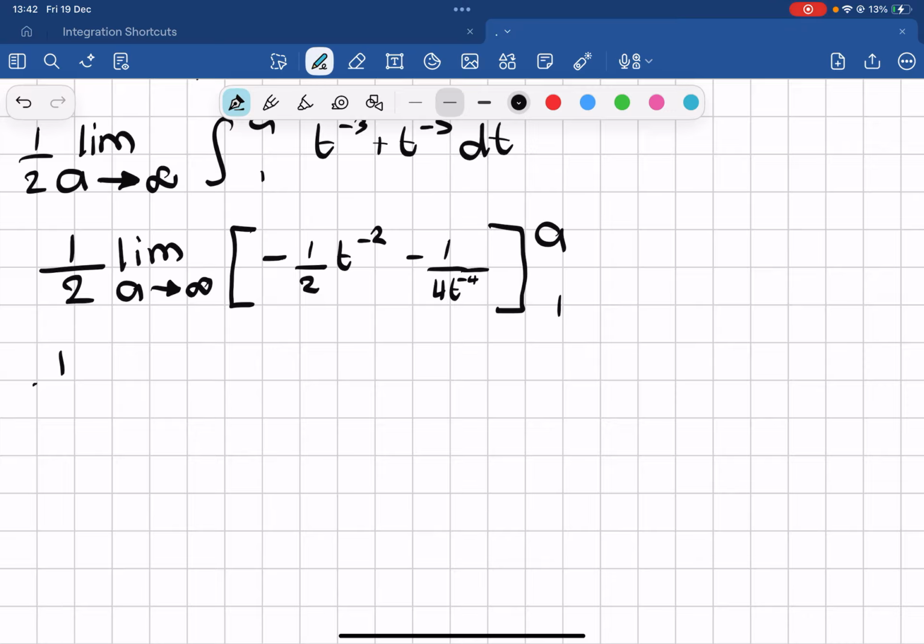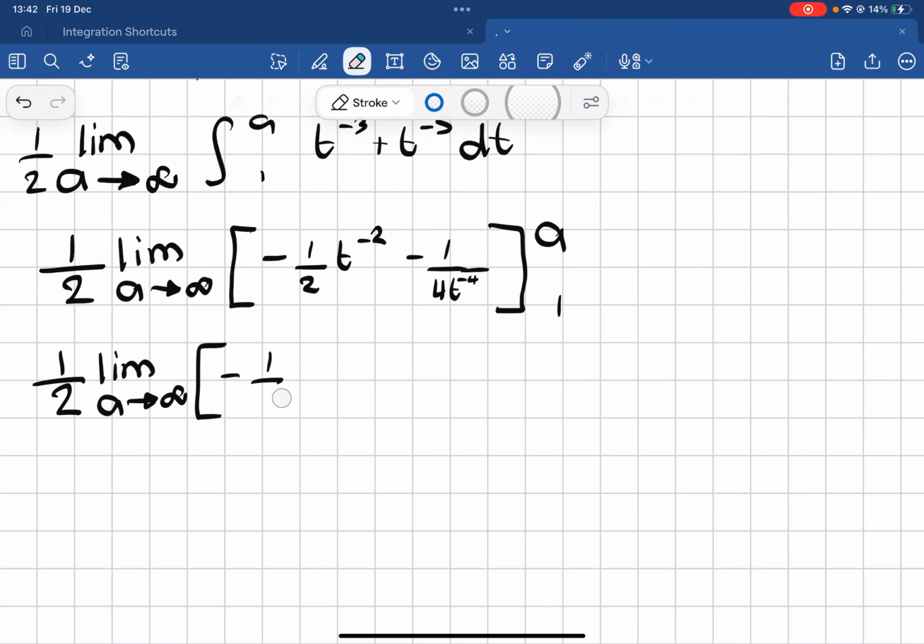Now we're just on the final step of evaluating. So we've got a half of the limit as a goes to infinity. Before we do this, let's just rewrite our integral.